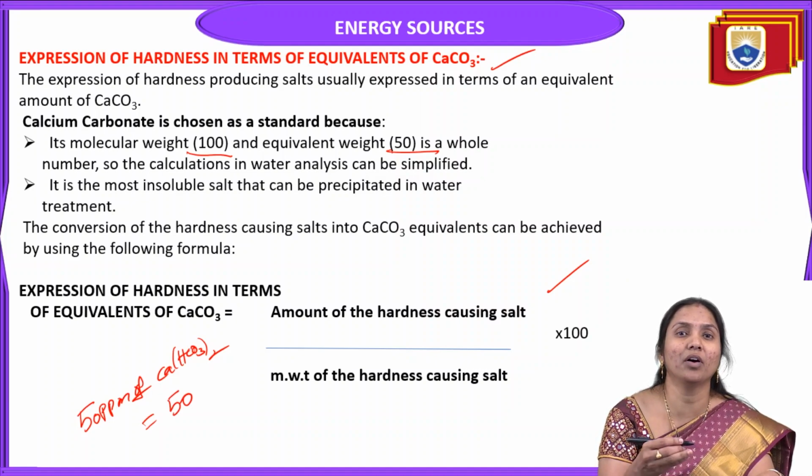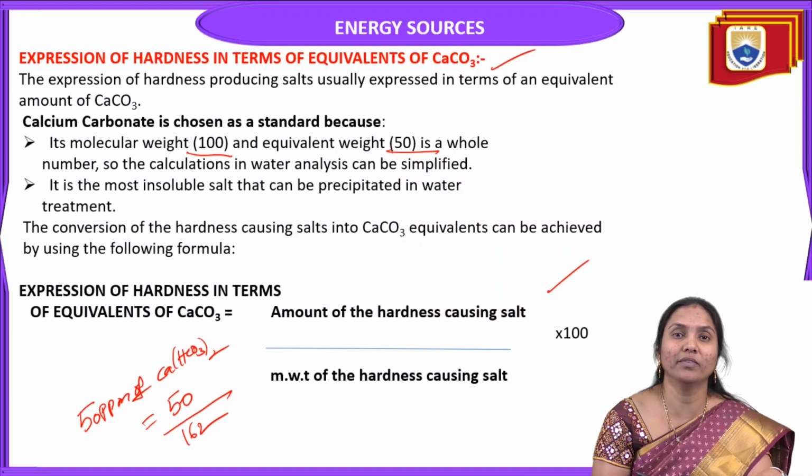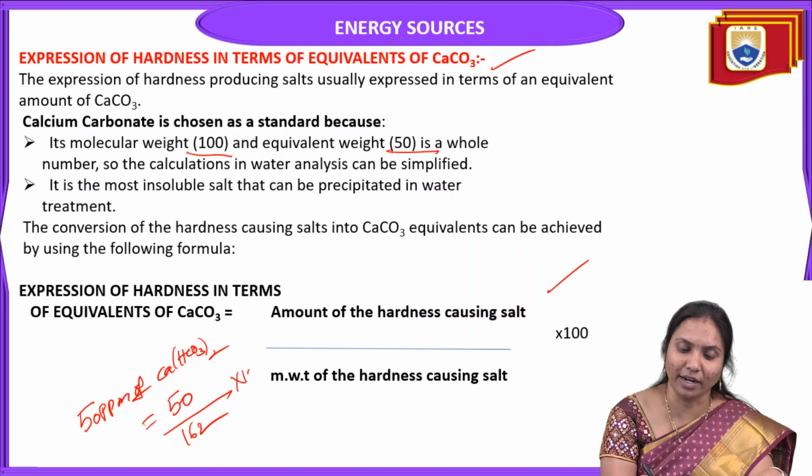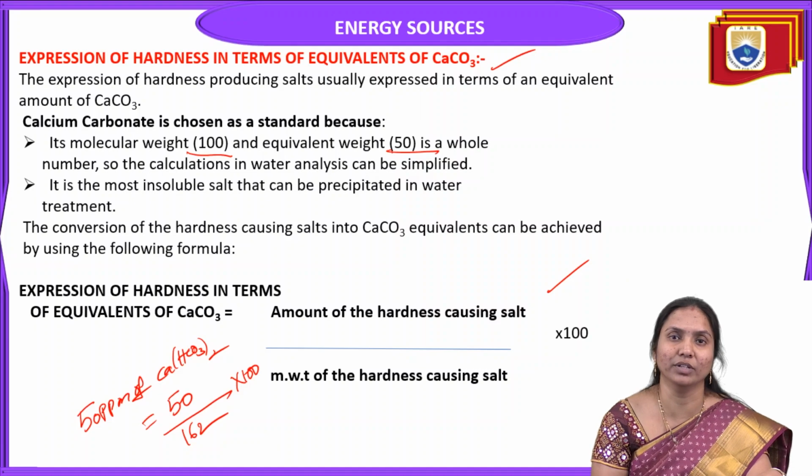The hardness causing salt here means calcium bicarbonate. So the amount of calcium bicarbonate is 50, by molecular weight of hardness causing salt, that is, molecular weight of calcium bicarbonate, 162, into 100. Here 100 is the molecular weight of calcium carbonate.